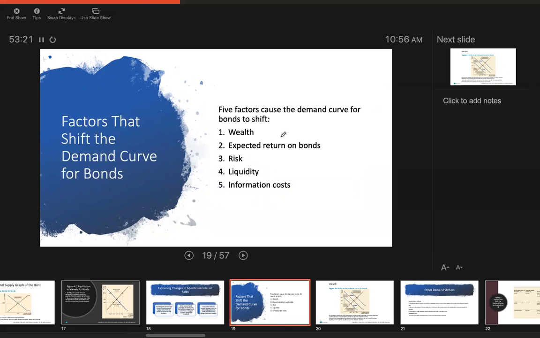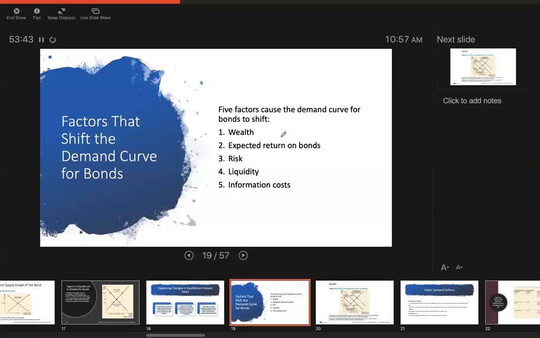5. The big 5 are the same as what determines portfolio choice, and that's the reason why I opened this discussion with talking about portfolio choice, because at the end of the day, what determines the demand for a bond? An investor is looking for a financial asset to put their money in.